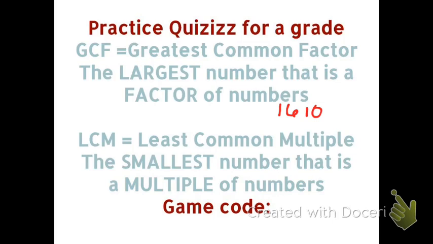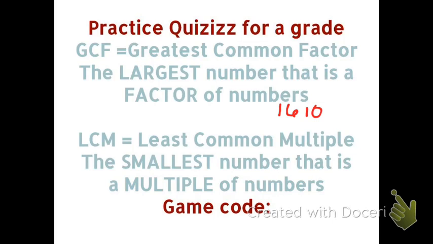Look, because a factor has to divide into both of these numbers. So the greatest common factor can be no bigger than 10. It is somewhere between 1 and 10. Can't be bigger than 10 because it wouldn't divide evenly into 10. Okay? So you know that the greatest common factor is somewhere between 1 and 10. Anybody know what it is for these two numbers?